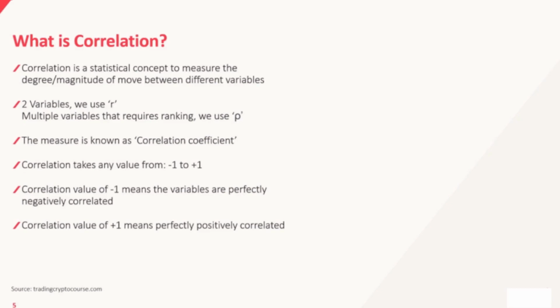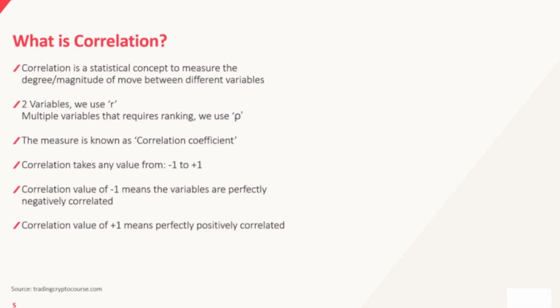The basic understanding is that correlation is a statistical concept used to measure the degree or magnitude of move between different variables. For those of you who took basic statistics or economics, we use the small letter r when we're comparing just two variables.